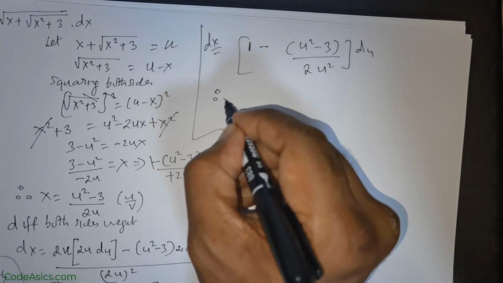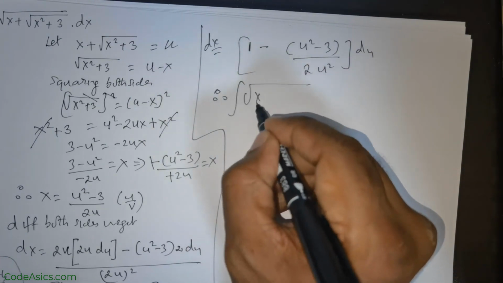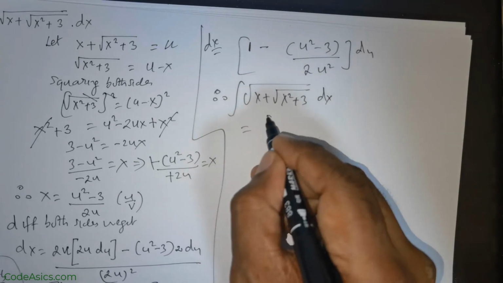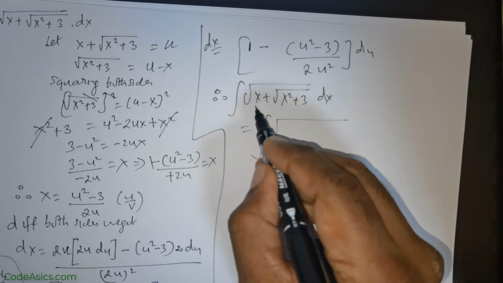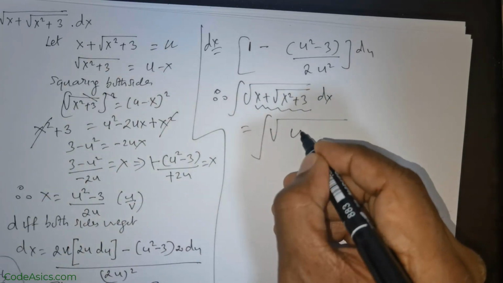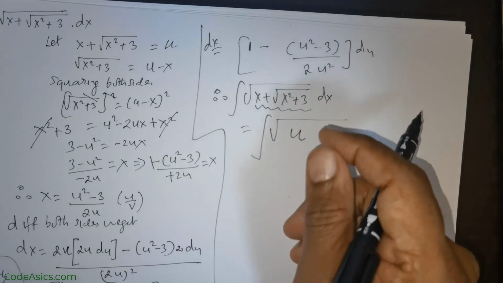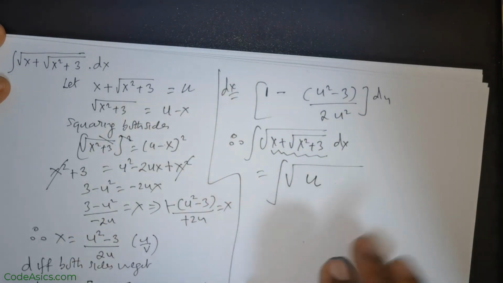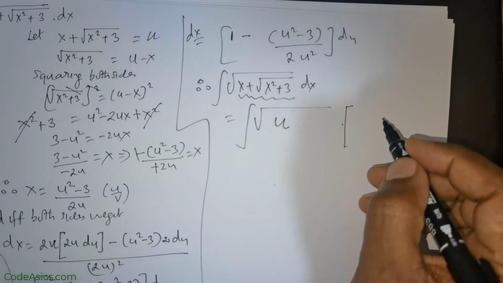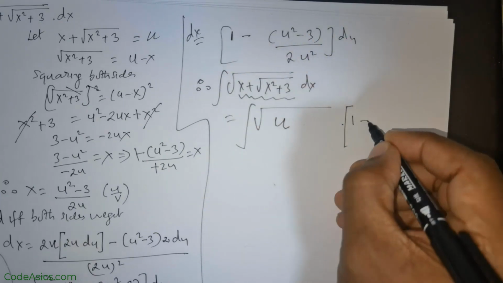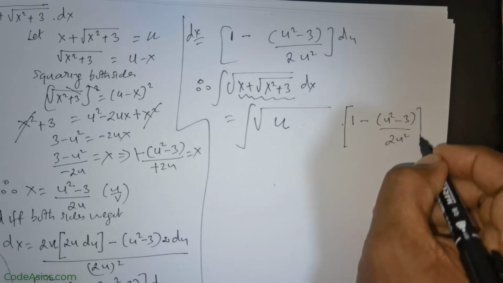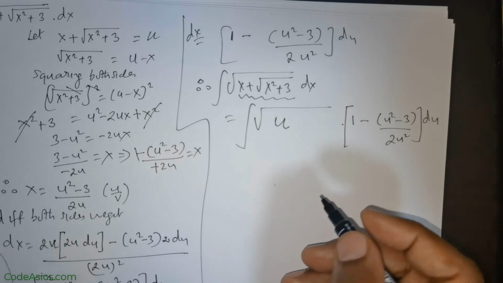So therefore the integral of root of x plus root of x squared plus 3 times dx is equal to the integral where, in place of x plus root of x squared plus 3, you can substitute u, and in place of dx I can substitute 1 minus u squared minus 3 divided by 2 times u squared times du.